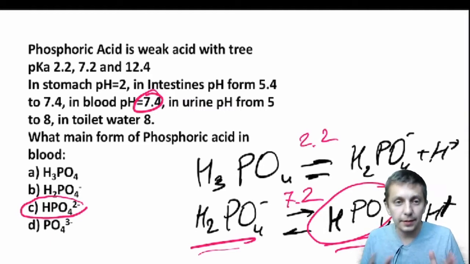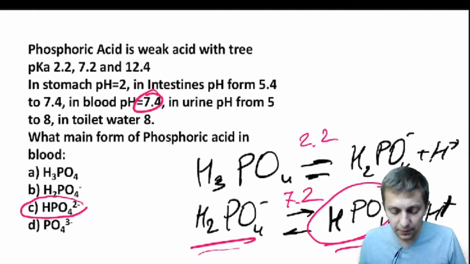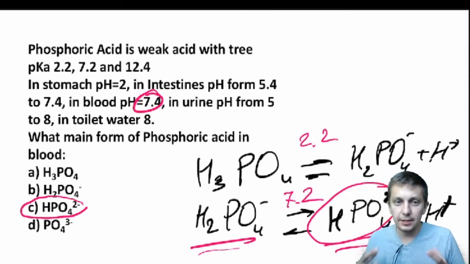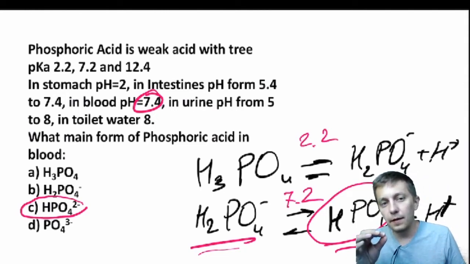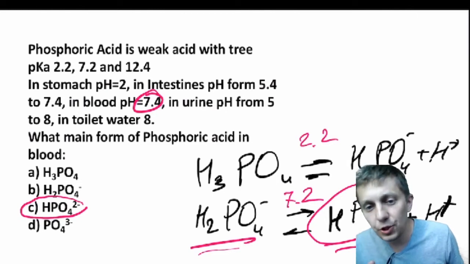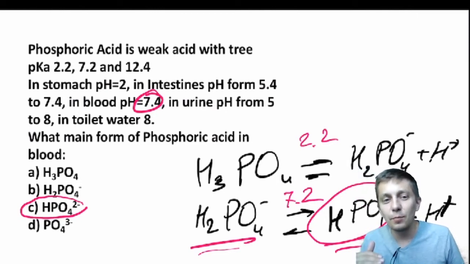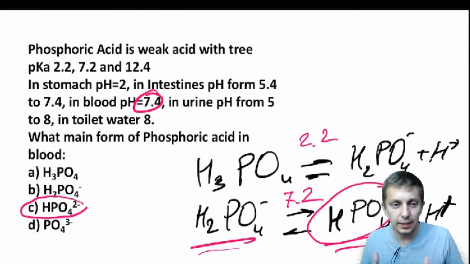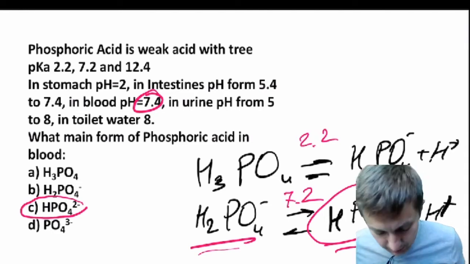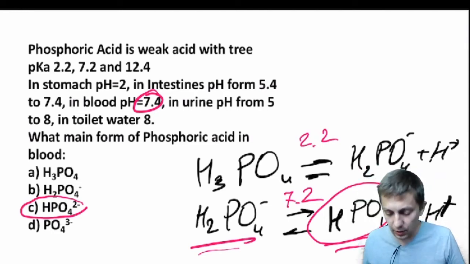If you probably know, pH of blood can also differ, but not as much as urine, not as much as stomach pH. It can sometimes be 7.35, 7.37. So the change will be very small, because concentration inside our body is very important.